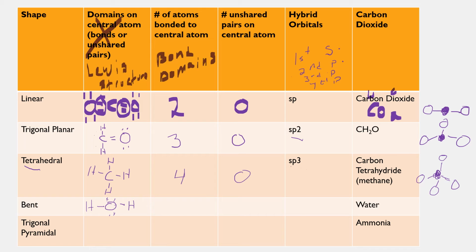What I've got with my central atom here is 2 bonded domains, one between the O and each H. I also have 2 unbonded domains, so I have 2 unshared pairs on the central atom. If I have 2 unbonded and 2 bonded, that means my shape is bent. Bent looks like this.